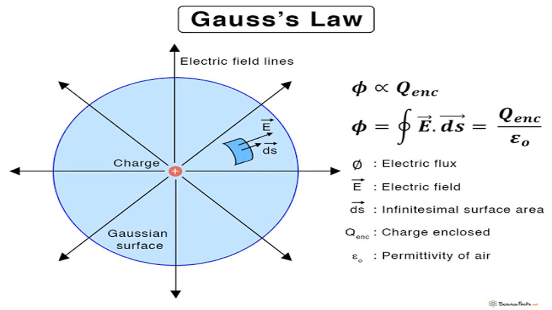And that flux is positive, because more is leaving, meaning that there's more of positive charges. If, however, in a Gaussian surface, more field lines are entering than leaving, then that particular Gaussian surface has a negative charge, which is in majority from the inside.